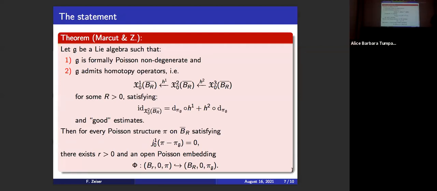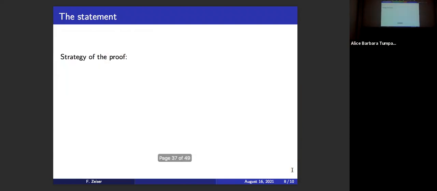And then I want to say a couple of words about the proof. The basic idea is that we divide our problem into what we call a formal part, taken care of by power series considerations, and one part taken care of by using flat functions and multi-vector fields.